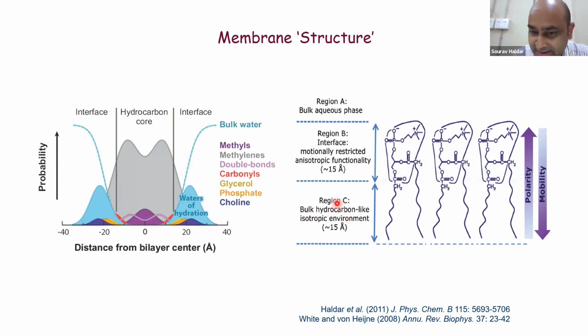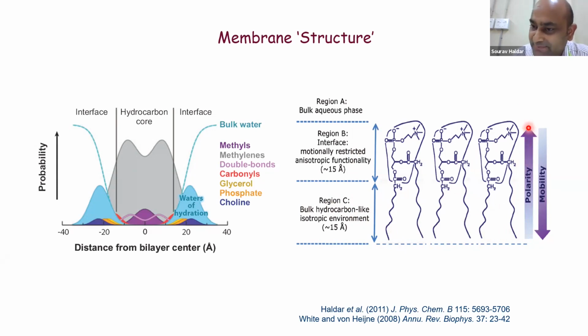And then there is region C, which is more of a monotonous hydrocarbon-like environment, which constitutes the bulk of the membrane. Now from this structure we can immediately recognize two features of the membrane. One, there is a built-in polarity gradient, so as we go from the interior of the membrane to the aqueous surface, polarity increases.